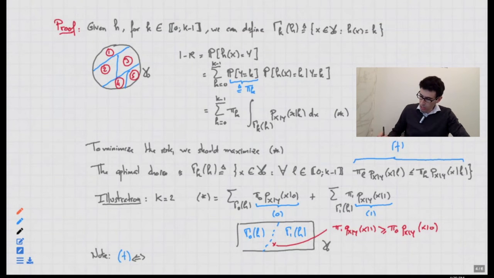It's the same thing as comparing P_{Y|X}(L | x) P_X(x), whether it's less than or equal to P_{Y|X}(k | x) P_X(x).